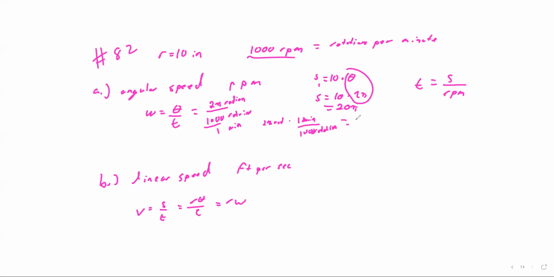So that's now going to be 2 pi radians times 1 minute over time.